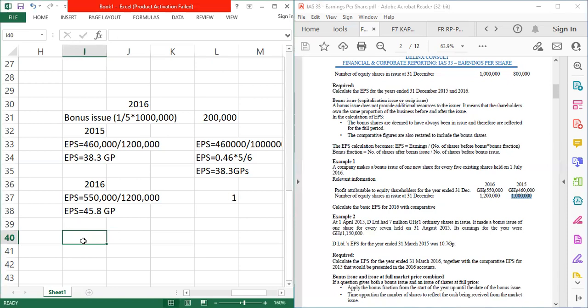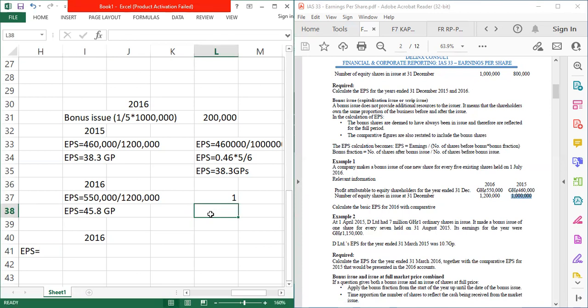The first thing that we do is calculate the earnings per share for the year that they are asking us to do it for. So that will give us 2016. In what manner was the bonus issue done? One for every 7. So how are we going to calculate it? What will be the bonus issue?